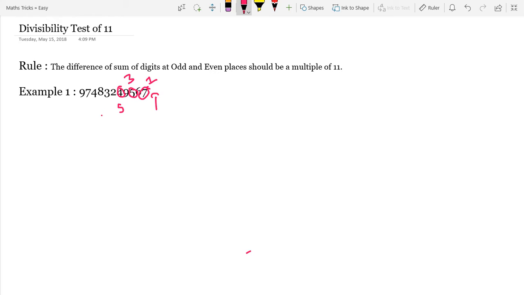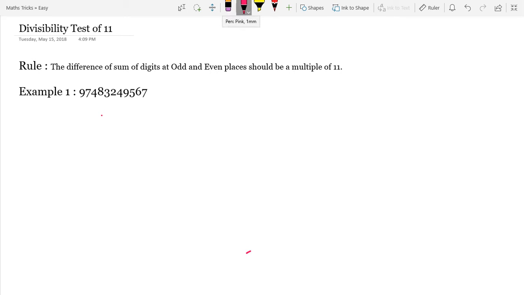We are interested in the place values, so when we say odd and even places, we mean the digits at odd and even positions. Similarly, the even places digits will be 6, 9, 2, 8 and 7 in this example.